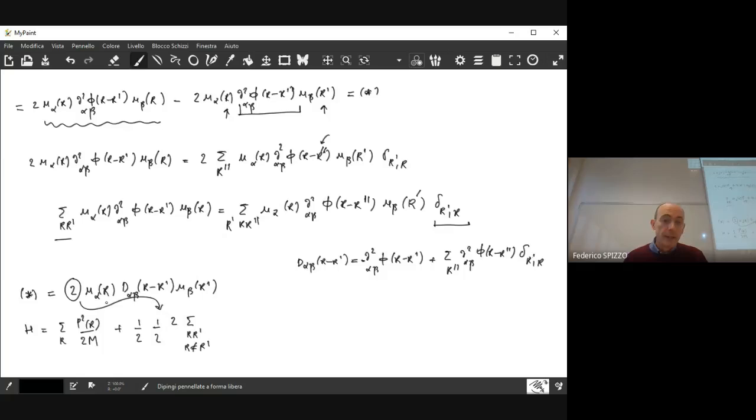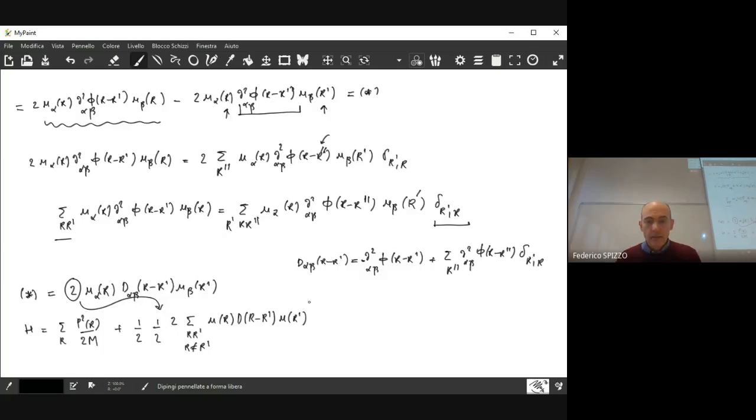Just to avoid the summation over alpha and beta that I should write here, I just write U as a vector. So U of R is the vector corresponding to the displacement of the ion in position R. Then we have the matrix corresponding to the distance R minus R prime, and then the displacement corresponding to the ion in position R prime.